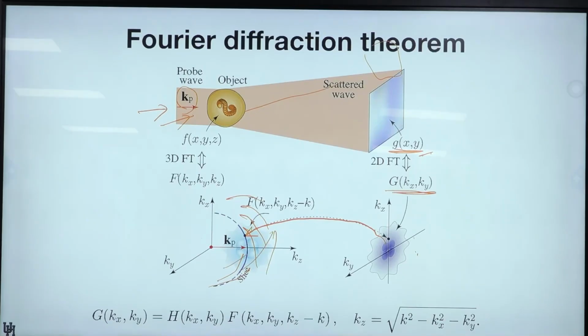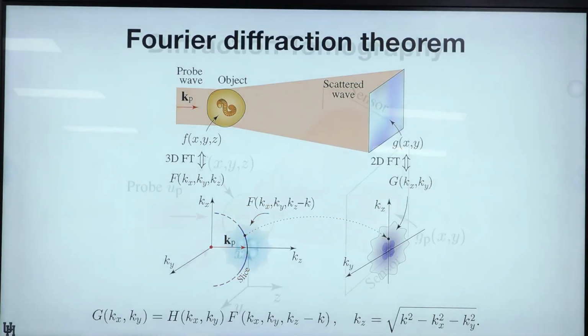You will fill in the Fourier space through these curves, in fact surfaces. If you imagine the space like a sphere, you have a surface, another surface, another surface, and so on. So by pasting these at multiple surfaces, for different values of k_p, you will be able to make measurements.